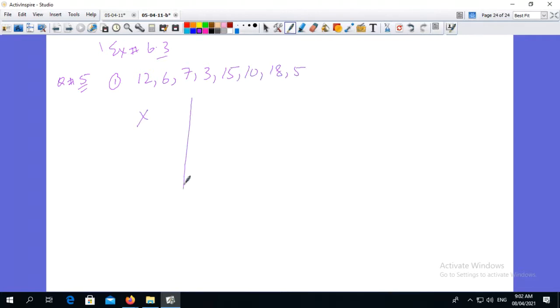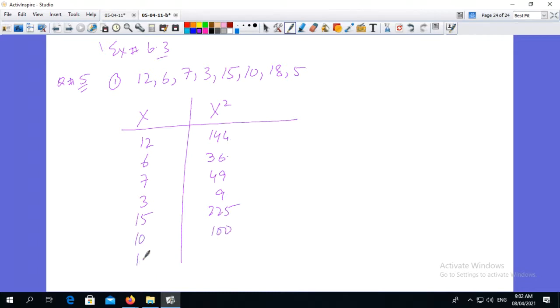We have x and x square. x is 12, square 144; 6, 36; 7, 49; 3, 9; 15, 225; 10, 100; 18, 324; 5, 25.